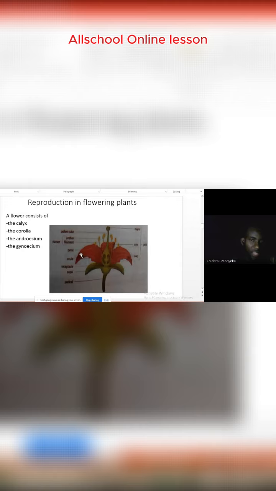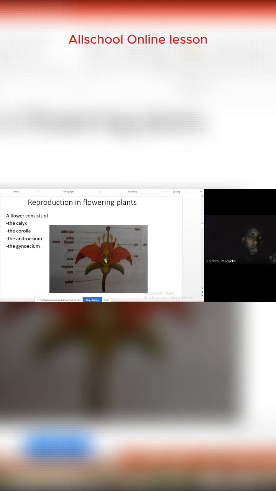The corolla is more like a collection, a collective name for all the petals in a flower.